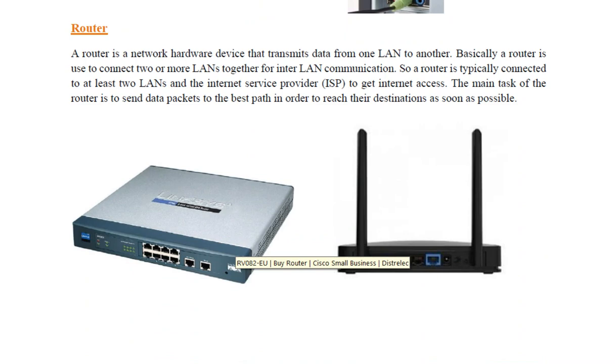Then it forwards that packet along the best and fast path. Here best and fast means it checks the network traffic and the distance of the path. For example, if the data packet needs to go to America, it will be sent to India and England and to America, like that. So the router will find the best route to forward the packet.